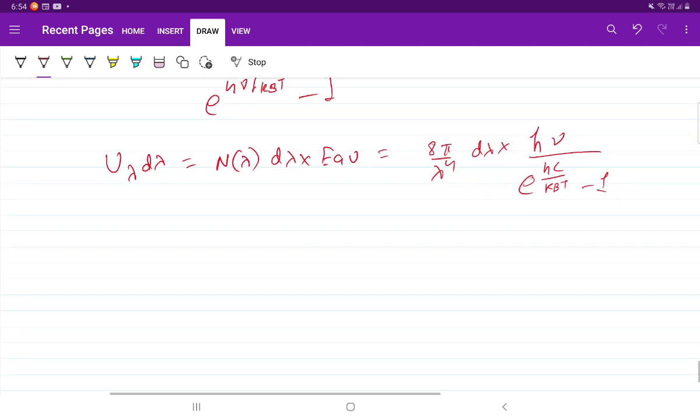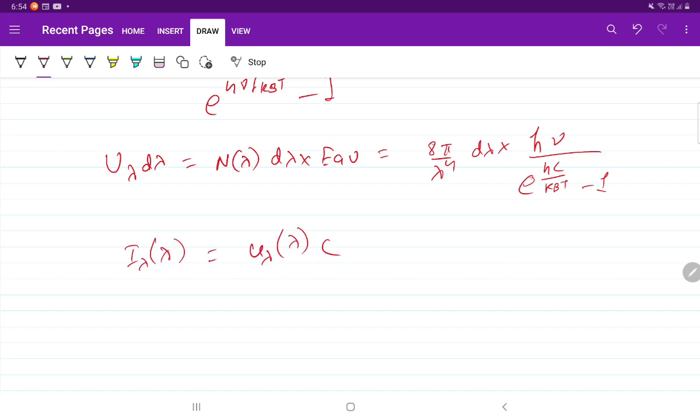So I can say that I lambda as a function of lambda is equal to u lambda into c by 4, where u lambda is given as the spectral density. If you further evaluate, we will get 2 pi c by lambda to the power 4, because we already cancelled out 8 pi with 4, we will get 2 pi, and there's a c.